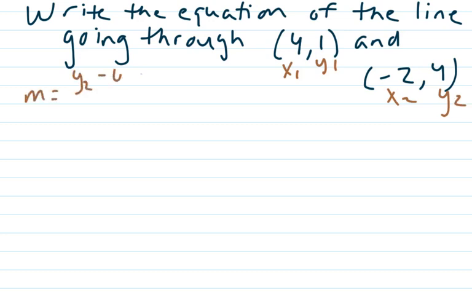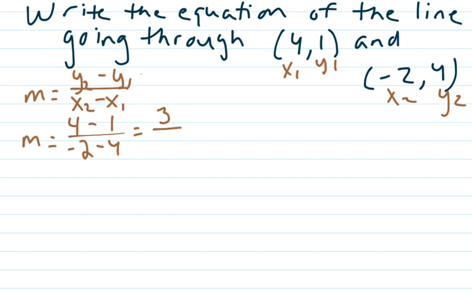It is (y2 - y1) over (x2 - x1). y2 is 4, y1 is 1, x2 is -2, x1 is 4. I subtract that, I end up with 3 over -6, which will simplify.